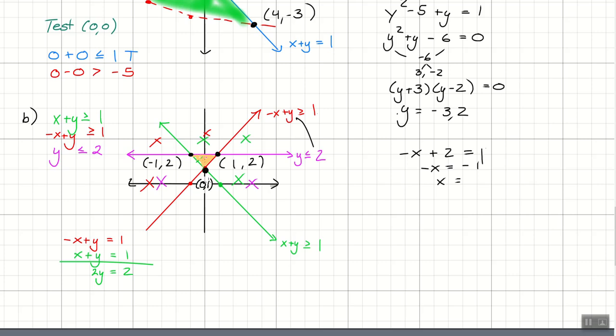Do you agree that anything on this purple line had better be at y equals 2? Yeah. Okay, so I already know that this y value is going to be 2. So I just look and say, oh, when y is 2 in this equation, because that's what it intersects with, what's x? And I just solve it, which is this scratch work right here. I'm just using substitution, but I just get the first number for free.